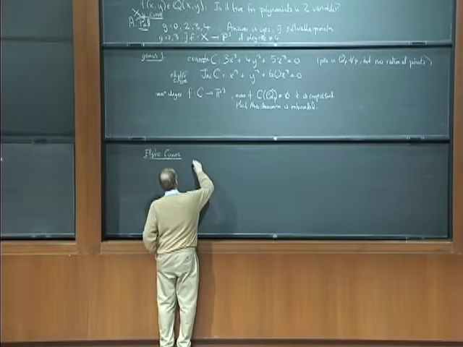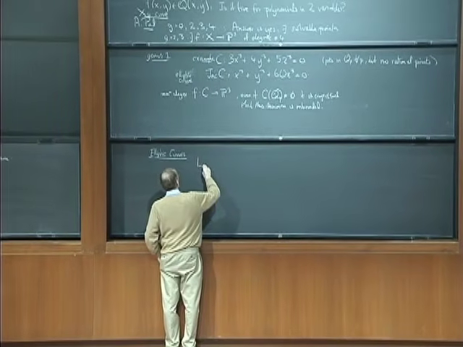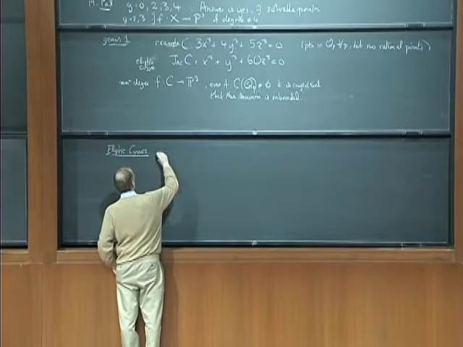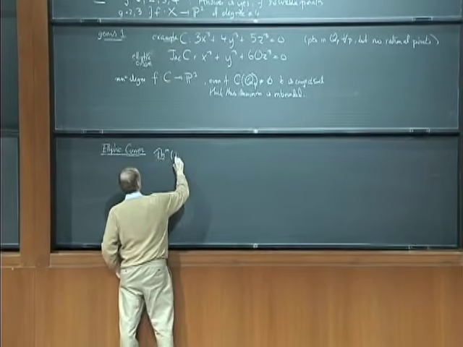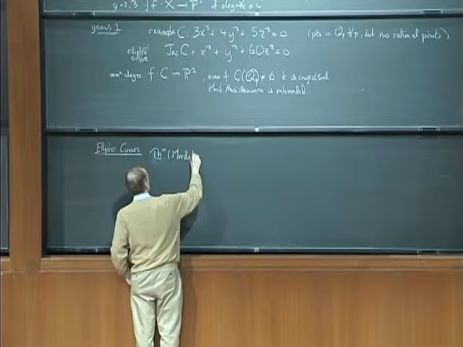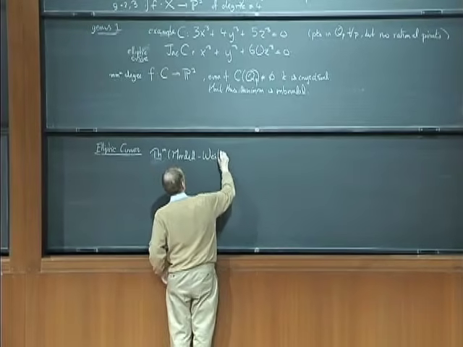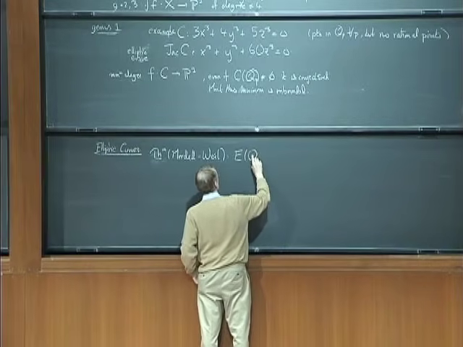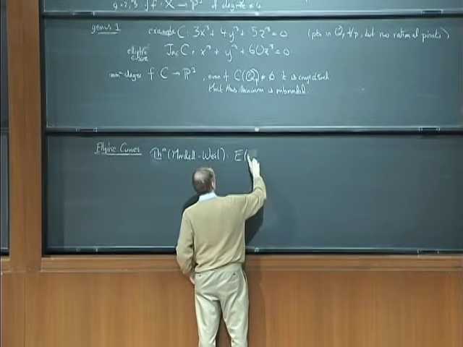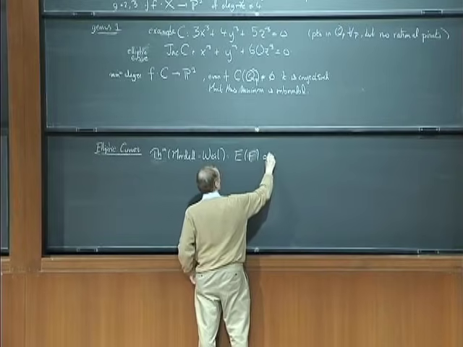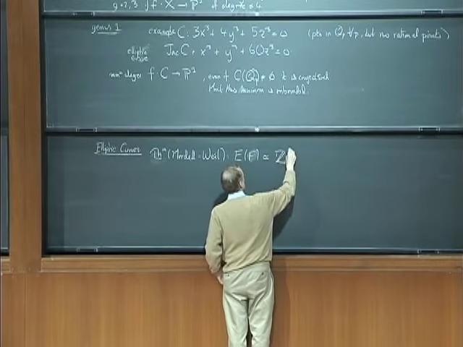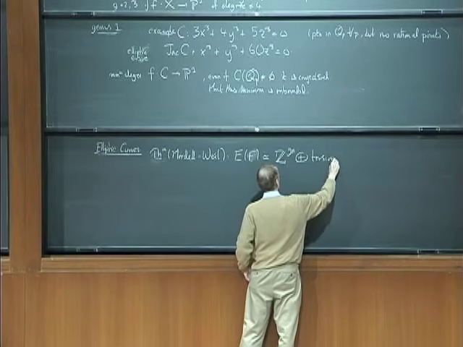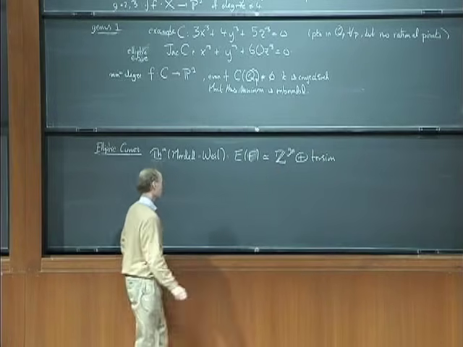So first, the first theorem, of course, is the Mordell-Weil theorem. If you have an elliptic curve, then over any number field, the group is finitely generated.